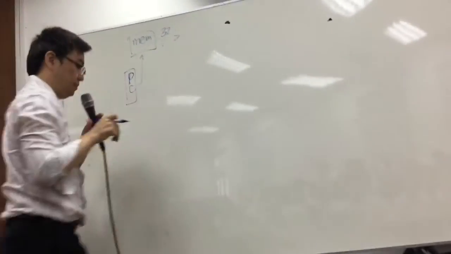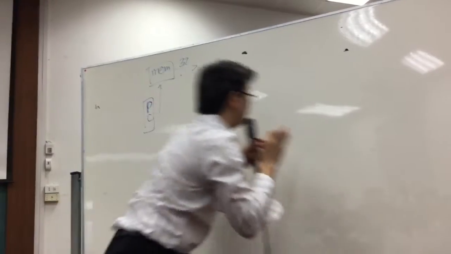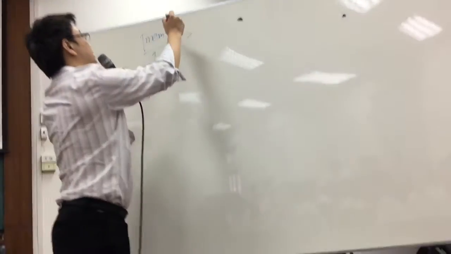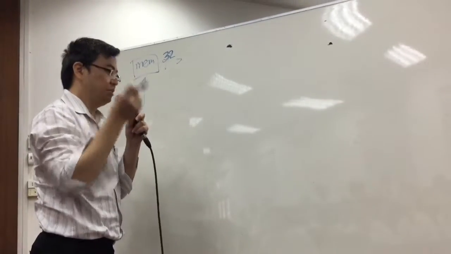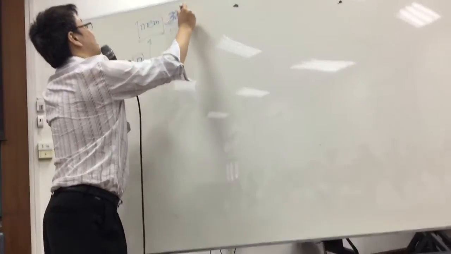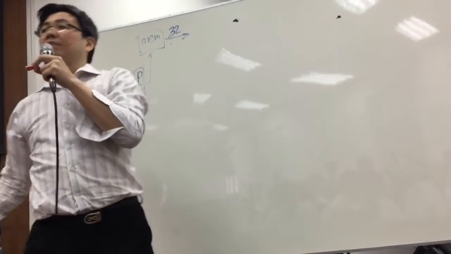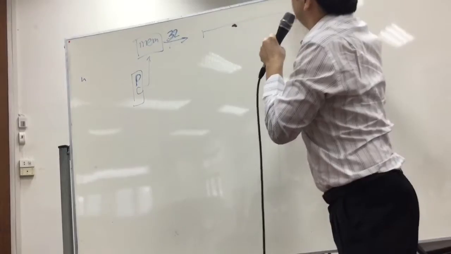Data, where is it? On top. I got 32 bits. Oh, somebody told me it should be red. It's blue. We're gonna call this 32-bit data, the instruction.